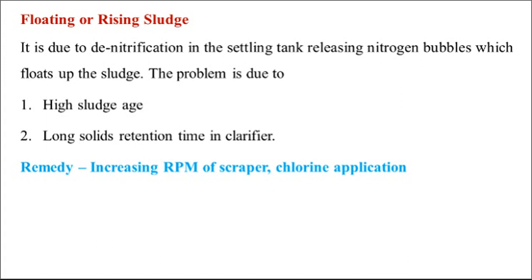Sometimes the rising sludge will float on the surface, and this is mainly due to denitrification, that is, removal of nitrogen in the settling tank. This problem may occur mainly due to the high sludge age, and second, due to the long solids retention in the secondary clarifier. Now this problem can be solved by increasing the RPM of the scraper and application of chlorine to the secondary clarifier sludge.